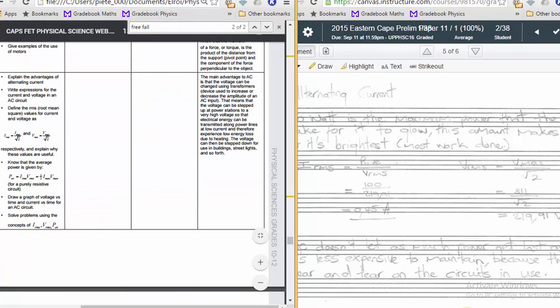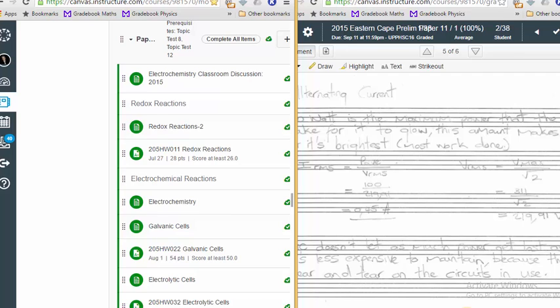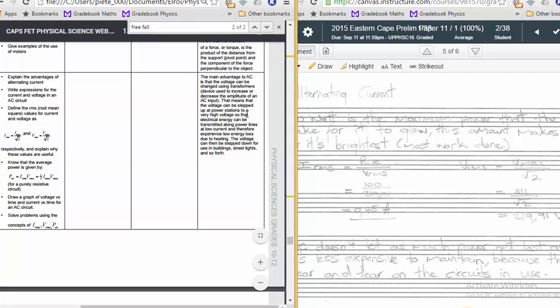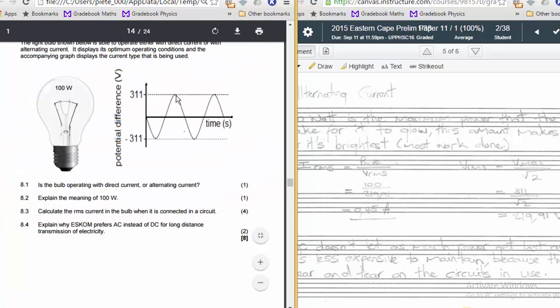Okay, so we've got an AC coming in. Where's my question paper now? There. We've got AC coming in, and this is, as they say here, the amplitude, the height. This height can be changed using a transformer. It can be stepped up or stepped down.